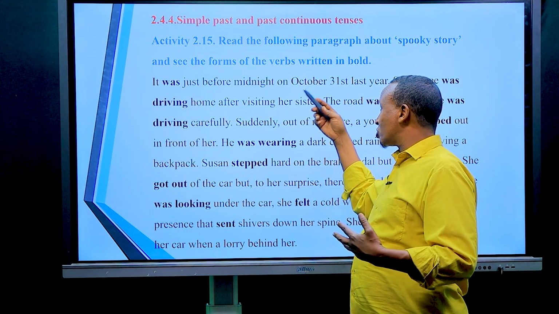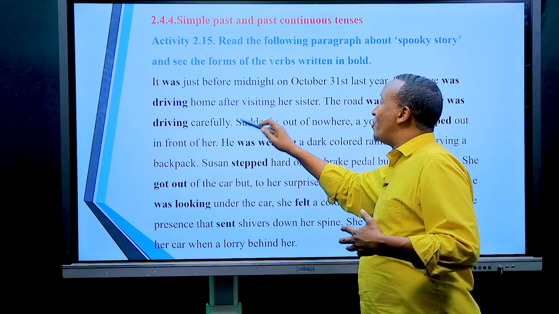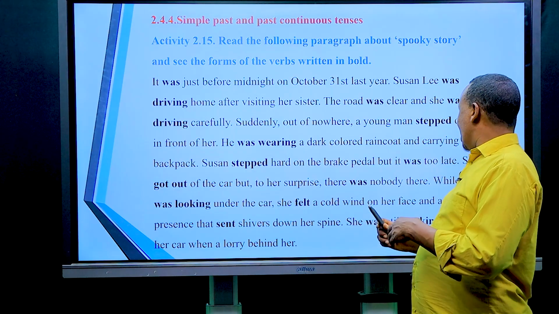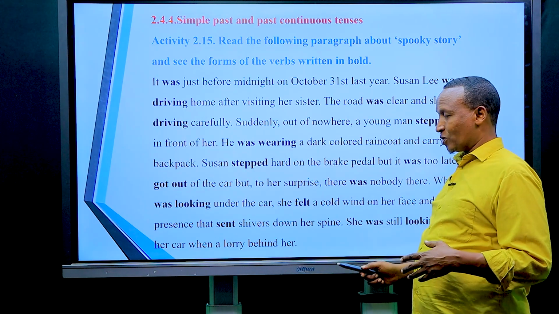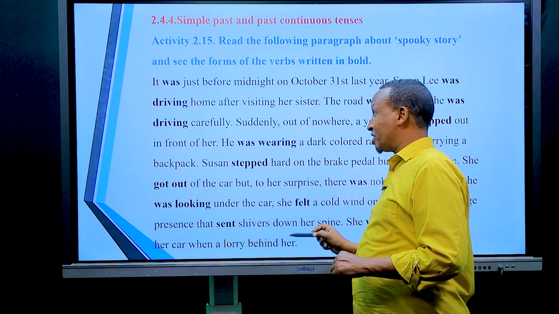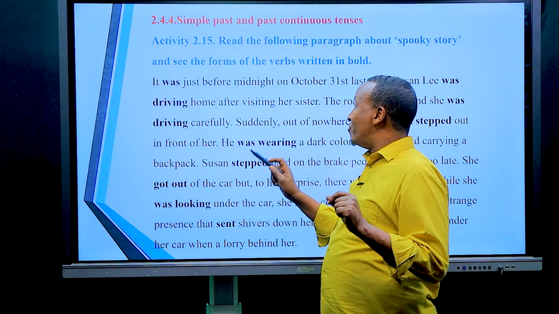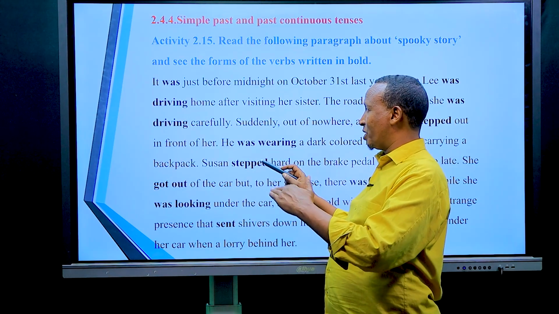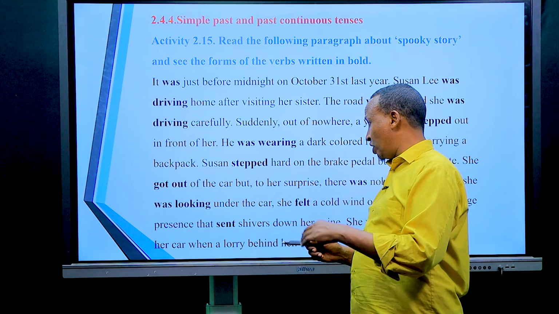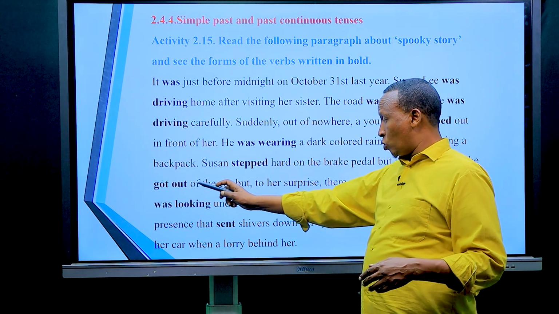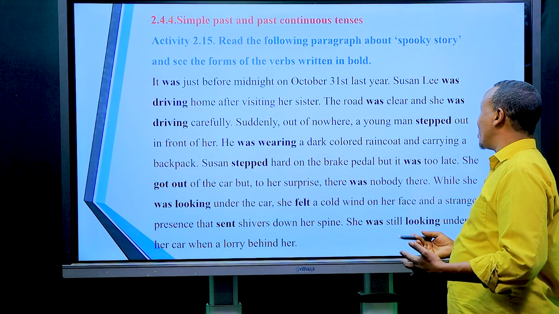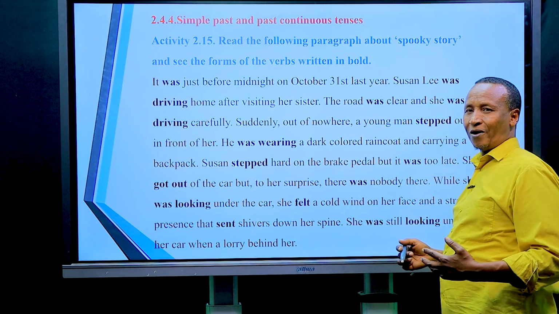Any verb with was or were and verb-ing indicates the past continuous tense: was wearing, was driving, was still looking. All of these indicate a past continuous tense. The simple past tense is indicated by verbs that do not have was or were and -ing, but are in a past form. The past form can be regular or irregular, like stepped, got out, sent, felt. Those verbs indicate the simple past tense.